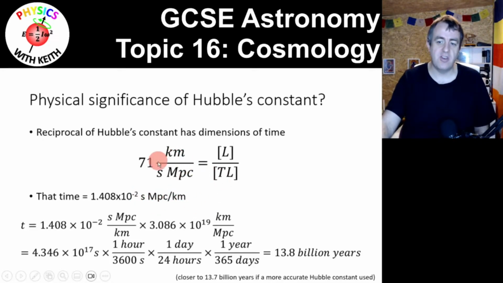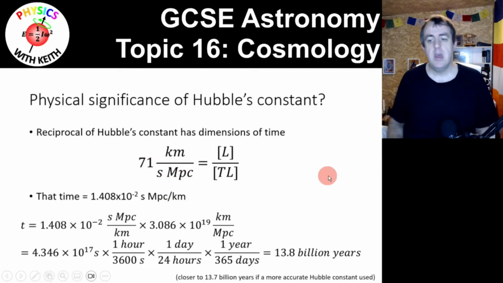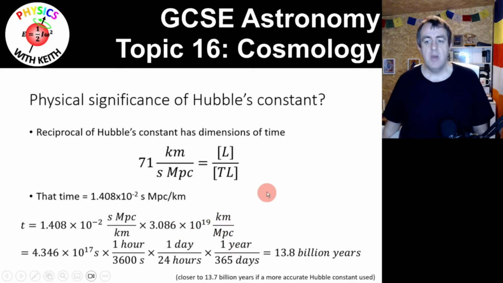So you can see it's just the reciprocal. This is the reciprocal of this. And it's an amount of time. And if we do a conversion, because we know how many kilometres per megaparsec, and we've got here megaparsecs per kilometre, the units kilometres will cancel, and the units megaparsecs will cancel, just by multiplying by this conversion. So if we do that, we end up with a time in seconds.